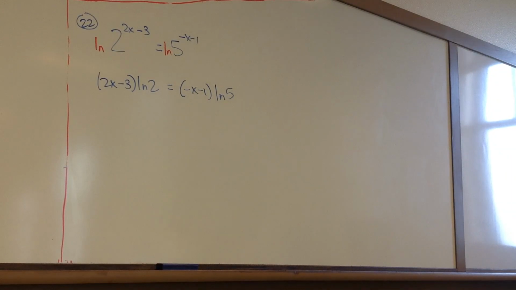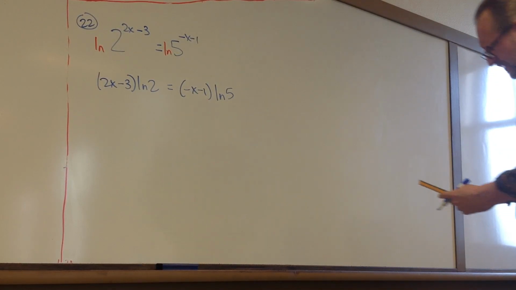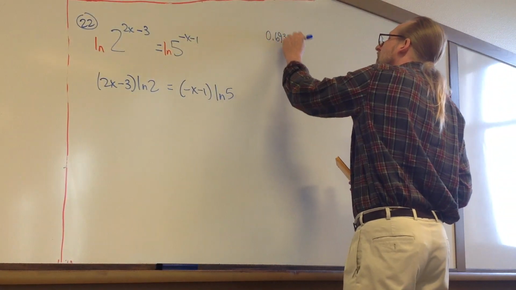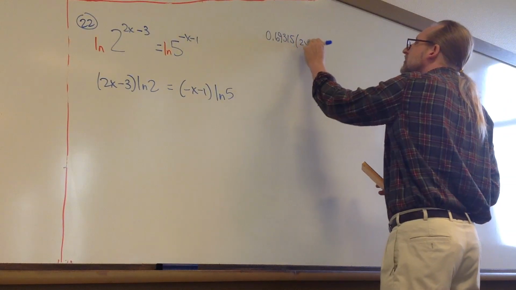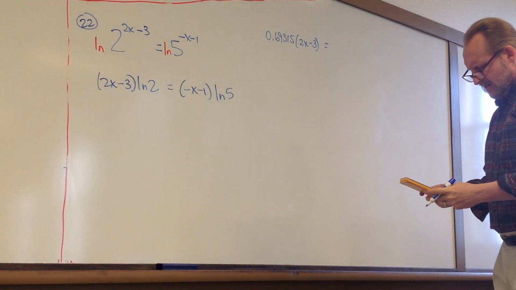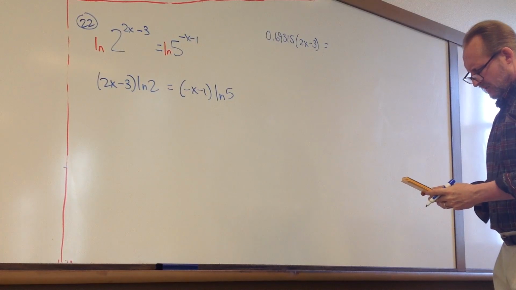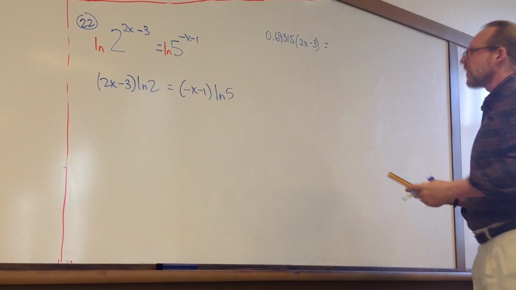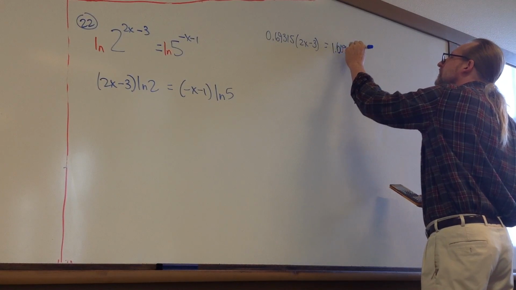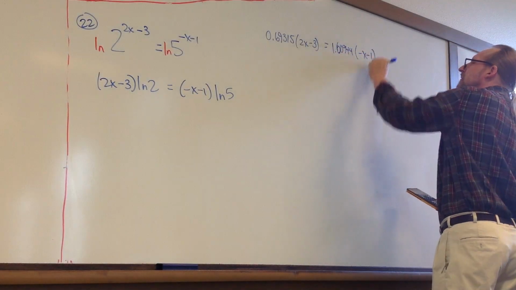Let's see here. ln 2, 0.69315 times 2x minus 3. And then the ln 5, 1.60944 times negative x minus 1.